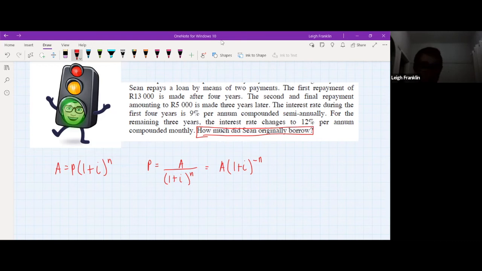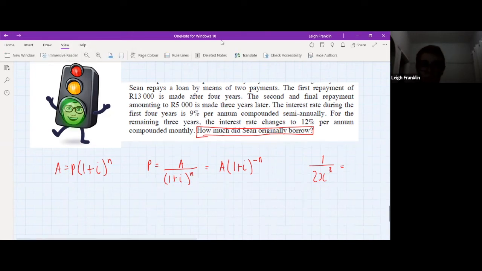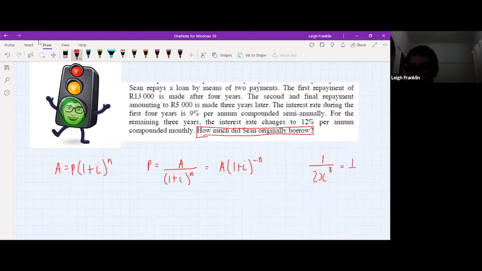If I had 1 over 2 x to the minus 3, what you would do is, I suppose I shouldn't have made it a minus, let's make it a plus, to the power of 3. If I wanted to take that x to the power of 3 to the numerator, I can do that, can't I? So my coefficient is still going to be 1 over 2. But when the x to the power of 3 goes to the numerator, it changes its sign, doesn't it?